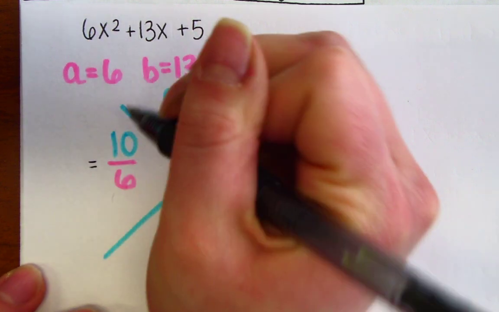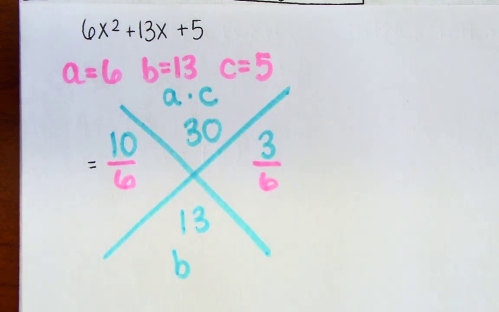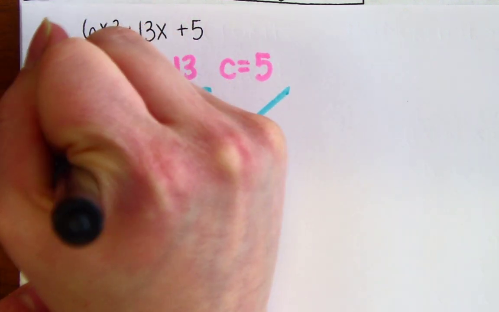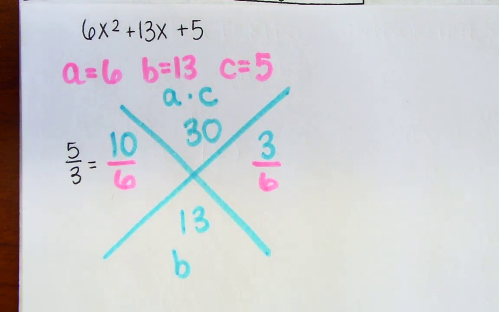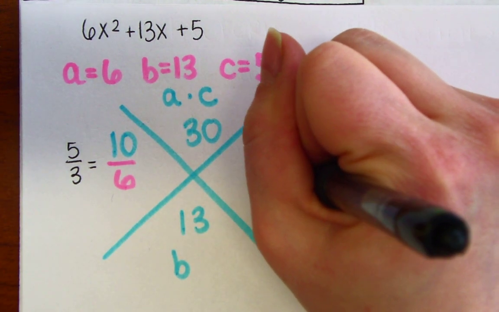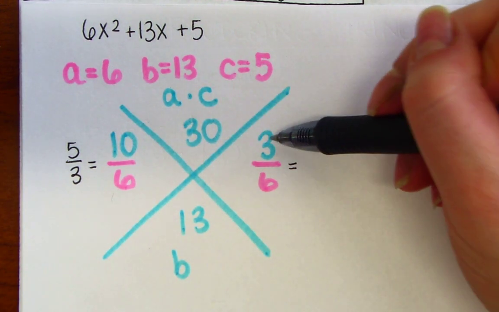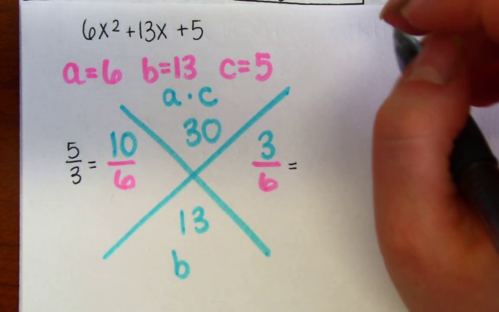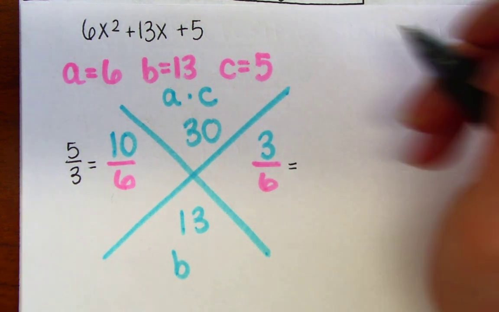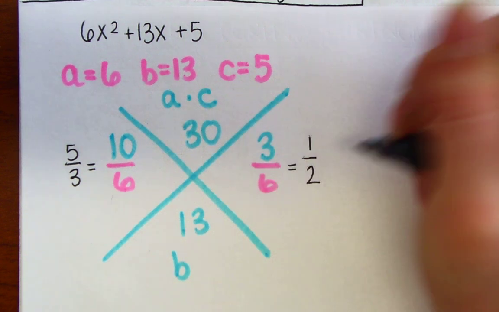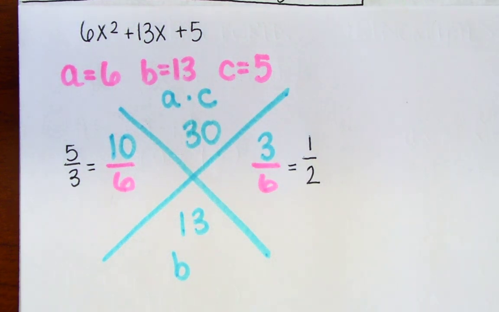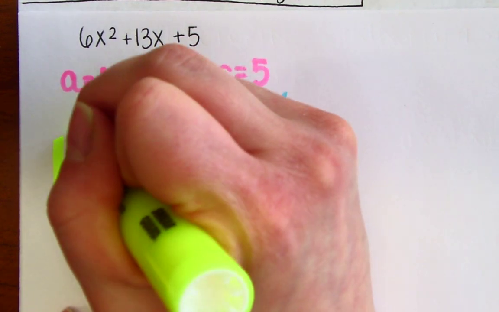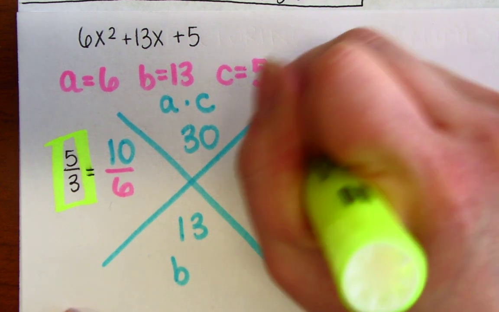If I reduce top and bottom by 2 on the left, I get 5 over 3, and I'm going to leave it. On the right, 3 divided by 6, I could divide them both by 3, or you just know right off the top of your head that this reduces to 1/2. These are my actual numbers that I care about.